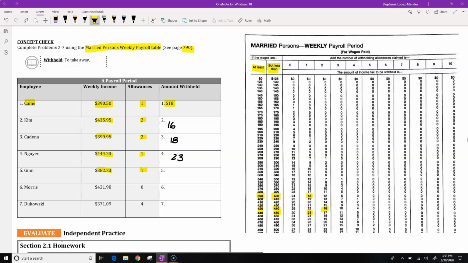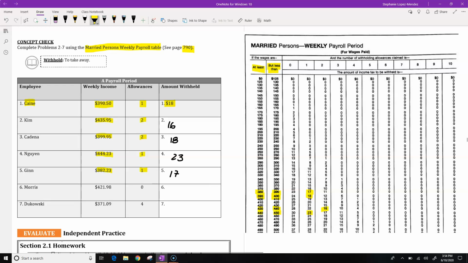I see that I have one here that says at least 380, but less than 390. 382 is within that range, and I need to find the amount withheld for only one allowance. It is not 0, so for 1, it has to be 17. So my answer as the amount withheld is $17.